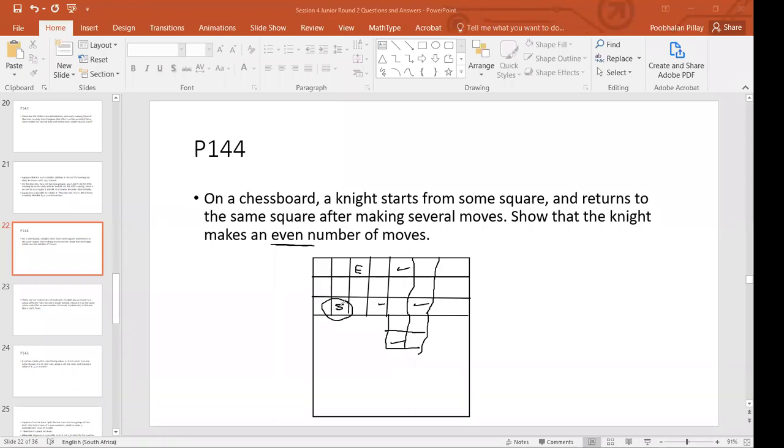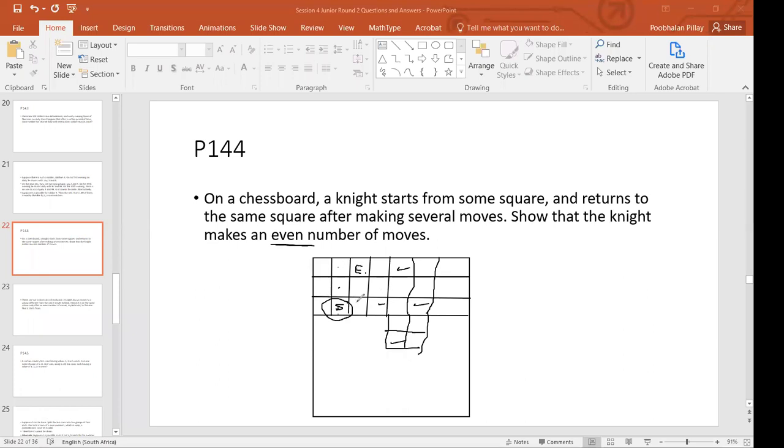You see, if this is white, this will be black. This is white and this is black. You see, these 2 are the same colors, but these 2 are opposing colors. So he moves from one color to its opposite color. You could start from a white to a black or a black to a white, because the knight always moves from one color to another color. The same color will be here, but this will be opposite.